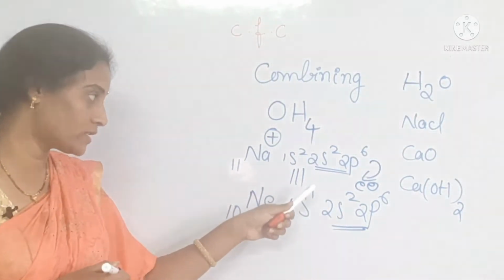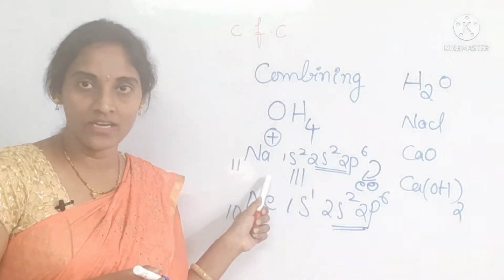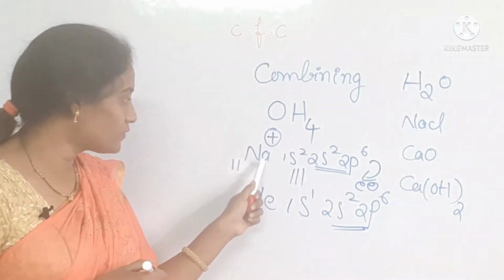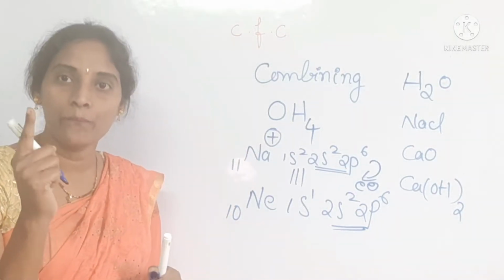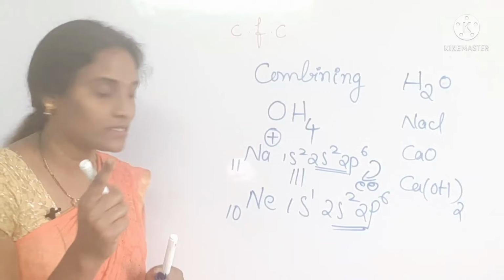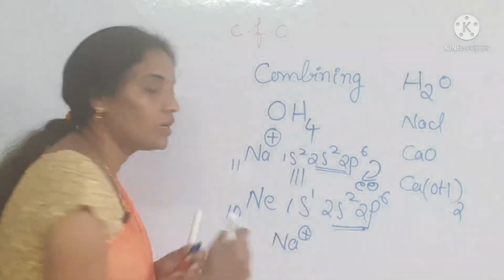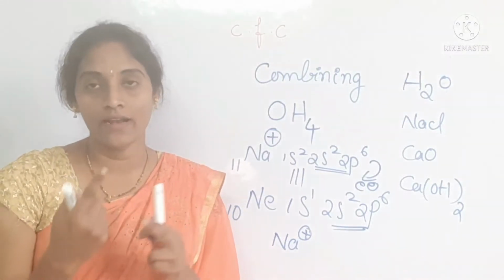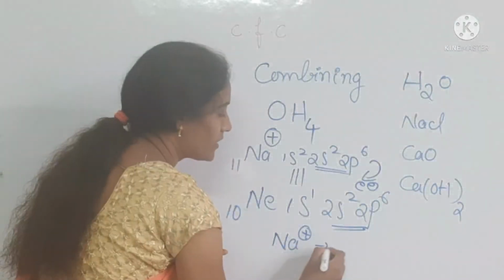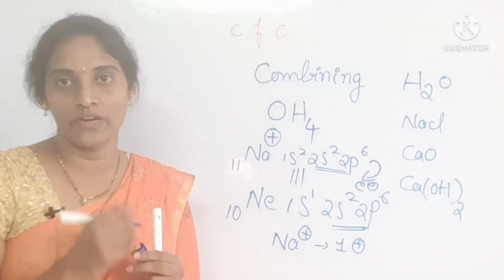By losing one electron, it becomes a positive ion or cation. See here, only one Na+, only one plus charge is there. That means sodium can combine with only one other atom, because it has one plus charge by losing only one electron.